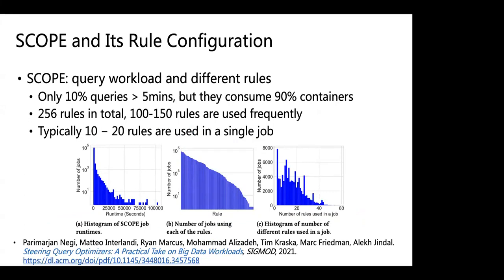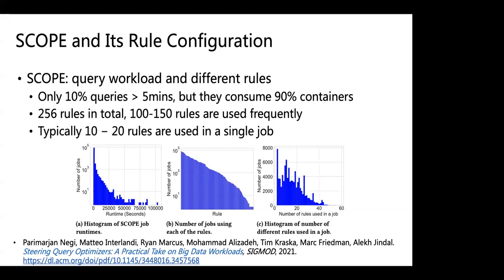Okay, another work is how to steer SCOPE's query optimizer. First, in SCOPE's query workload, we can see that only a very few queries last a long time, but they consume most of the resources. For SCOPE's query hint set, we have more than 200 rules in total, and typically we use 10 to 20 of them.